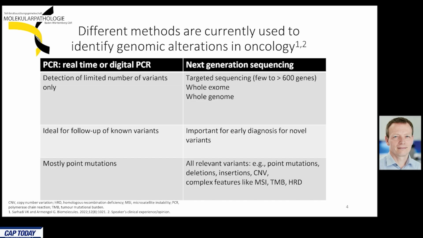NGS is able to detect all kinds of relevant variants: point mutations, deletions, insertions, copy number variations, and even complex features like microsatellite instability, tumor mutation burden, or homologous recombination deficiency.